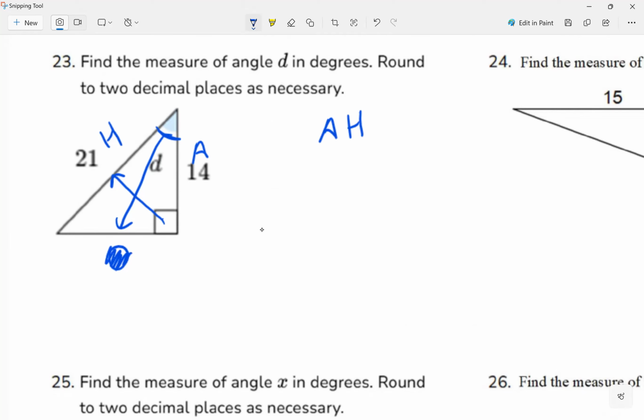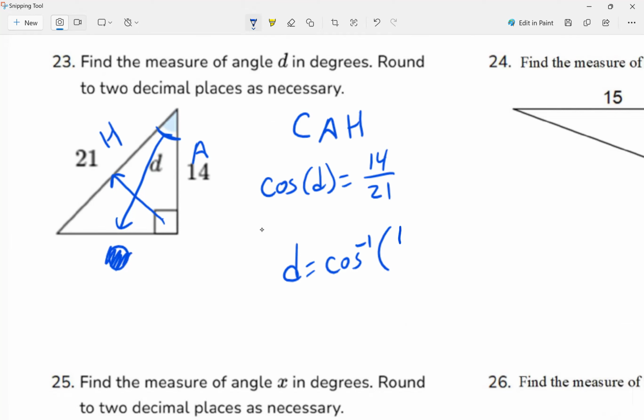I know from my acronym SOHCAHTOA, this is CAH. That means cosine of angle D is 14 over 21. To get D by itself, I'm going to call it cosine inverse of 14 over 21.